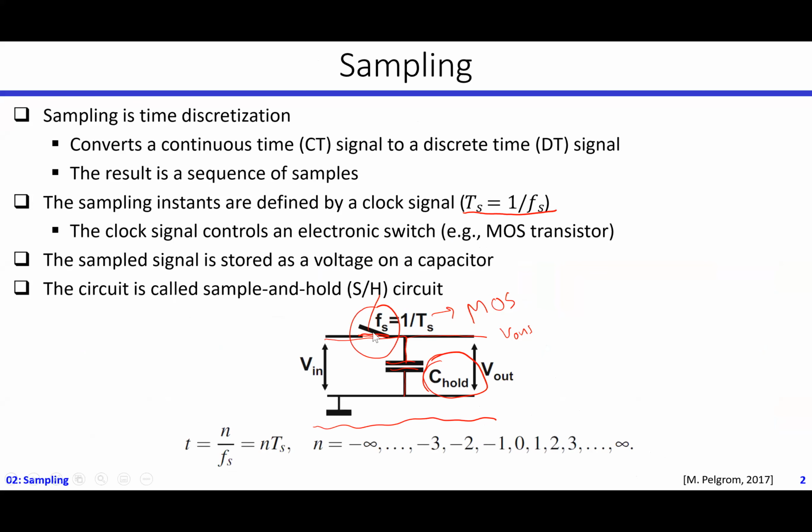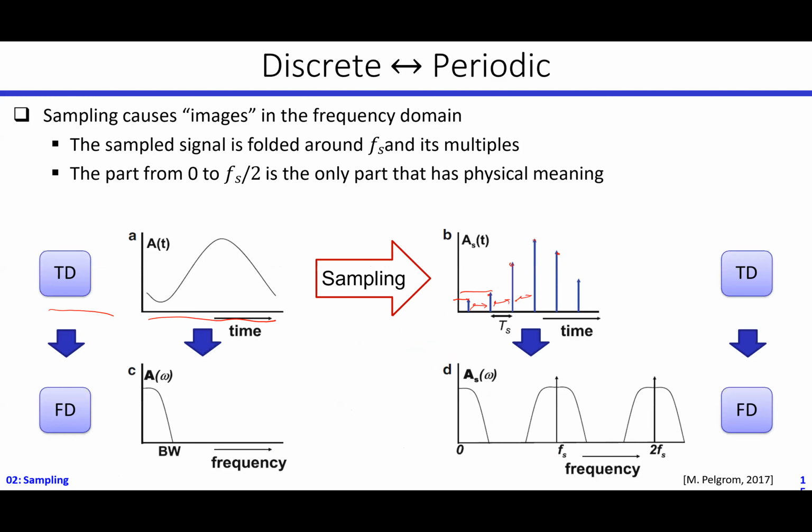So when the clock is on, I close this switch, and when the clock is off, then I open this switch. And that's why the clock frequency basically decides this Fs, the sampling frequency. I just want to make sure that you know how they are linked with each other.